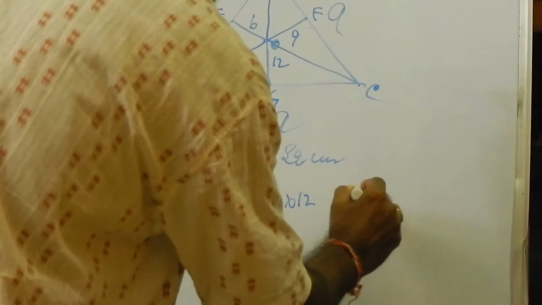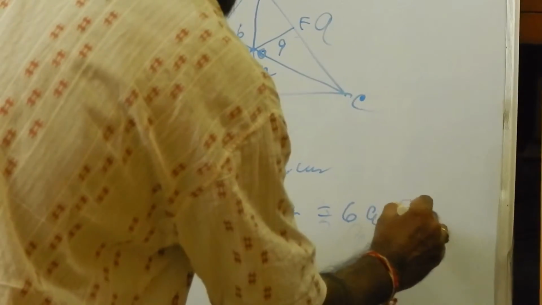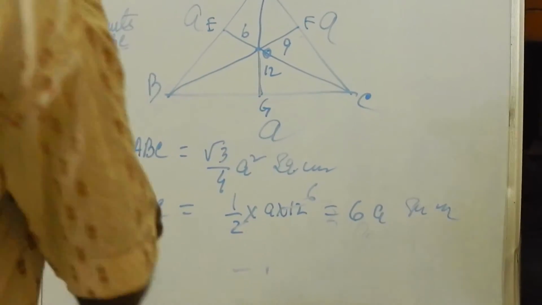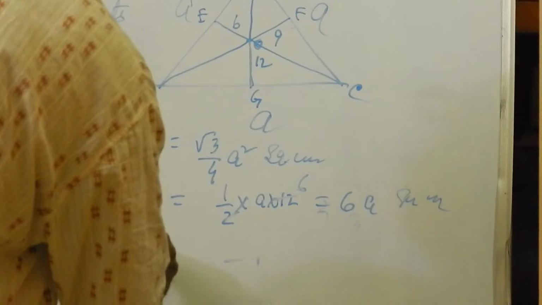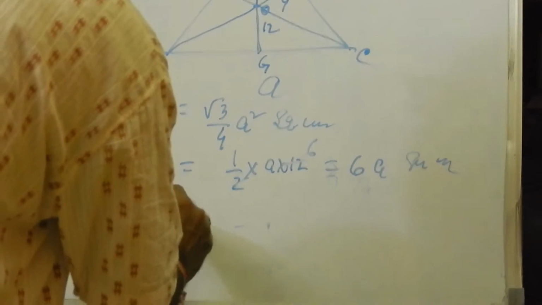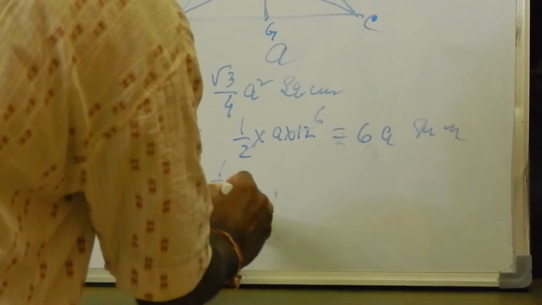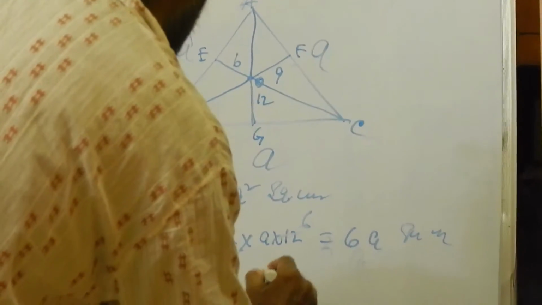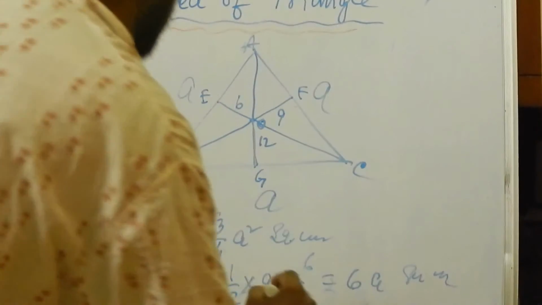So 6A square centimeter. Similarly, area of AOB equals half into base AB, it's also A, and height 6.